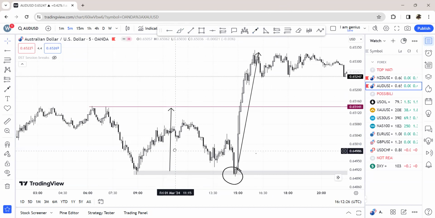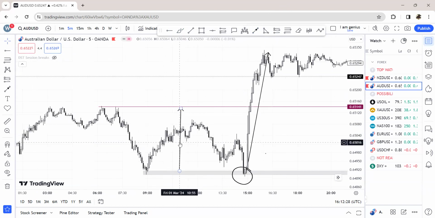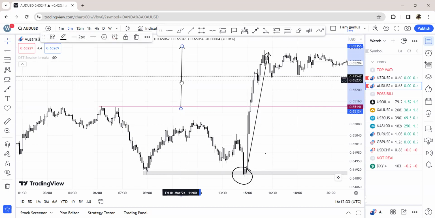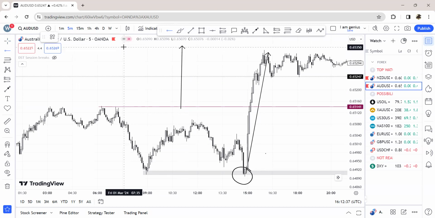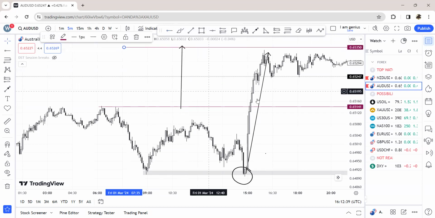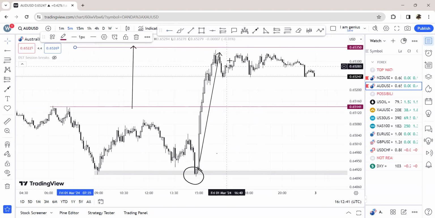How am I coming up with it? Because we had a strong drop, hence I expect a similar move to the upside. So my TP would be somewhere, I can put it on this key level there. Then once I see the market meandering here, I'll just exit the market, because it means it has lost steam once it starts consolidating like that.